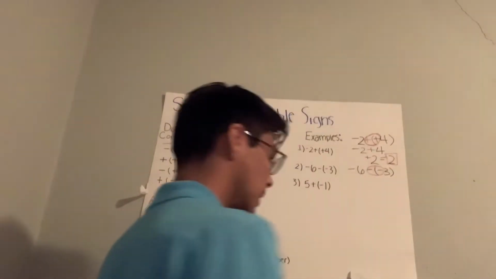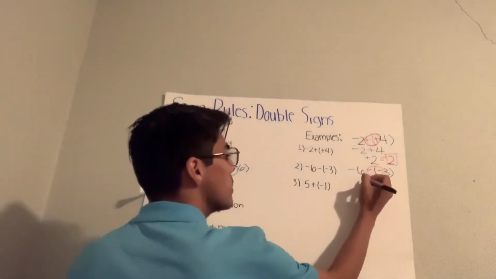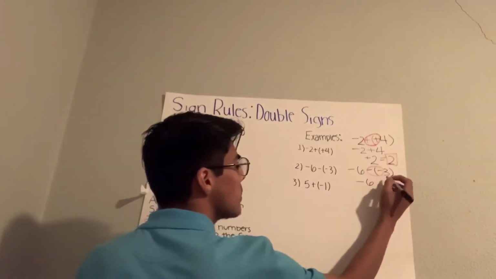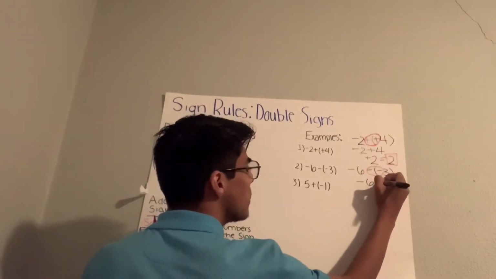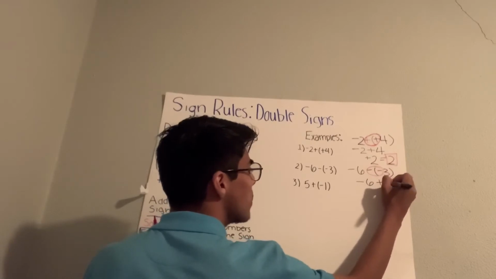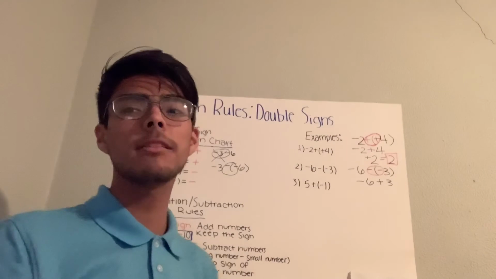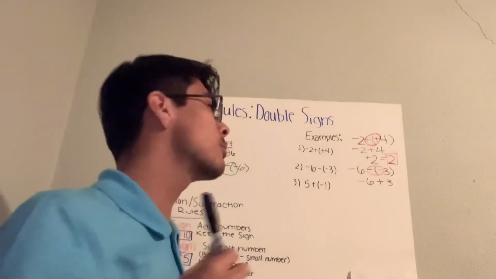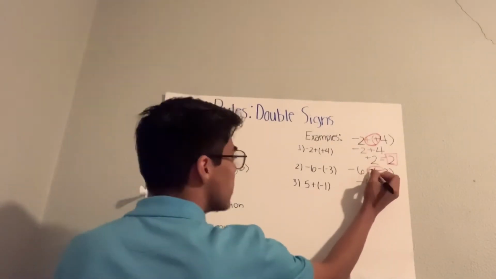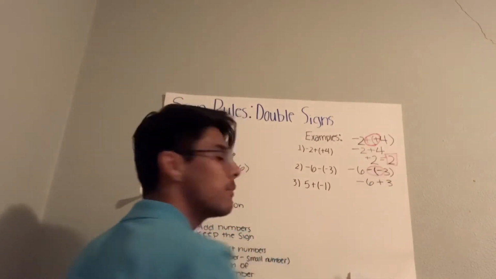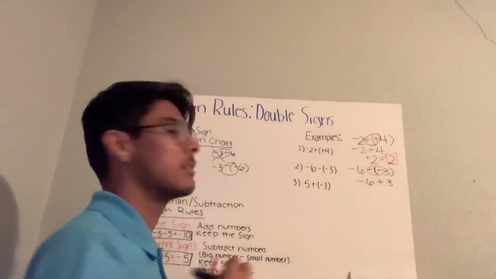So let's write it out. Negative 6 is going to be plus 3 now. And here's a little trick that I used to remember in grade school. I used to identify these two negatives and then this parenthesis right in front of it as a big positive sign.